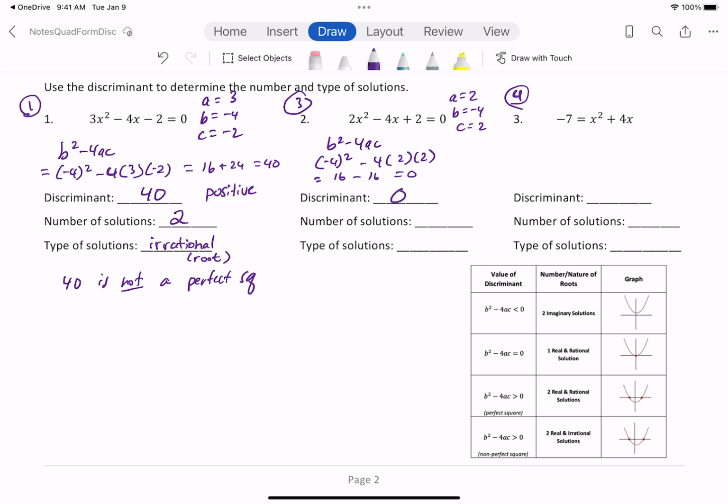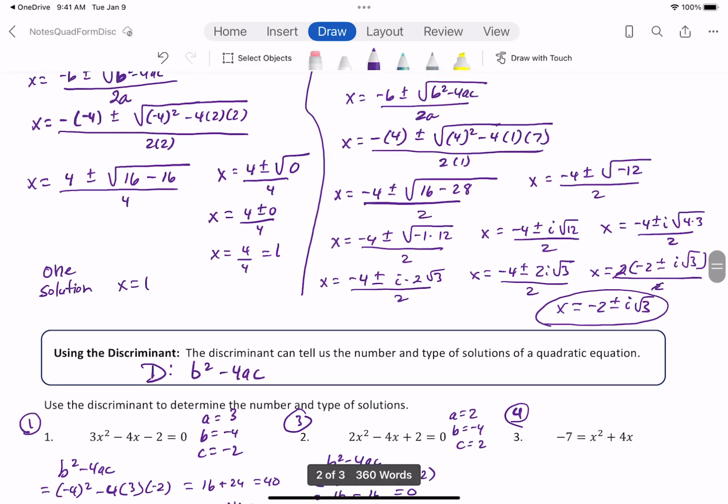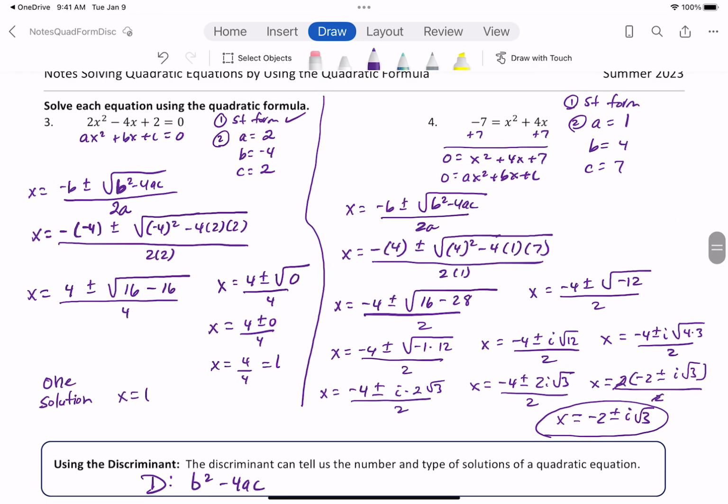So you probably remember that looks familiar as well from number 3 up here, where we got 0 under the radical. And if you note what happened, we got one solution because plus 0 and negative 0 are the same thing, right?